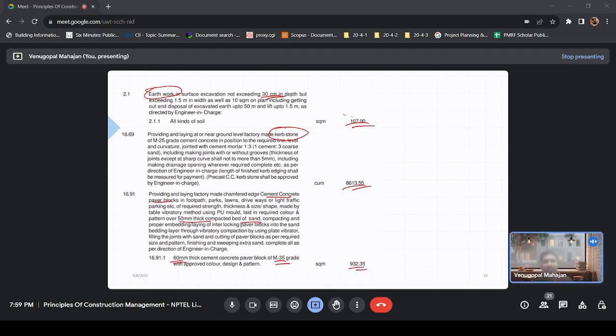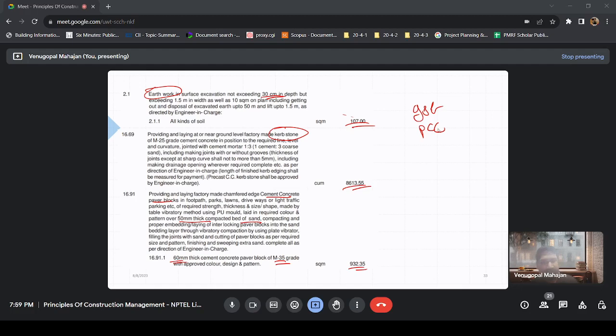You have got the rates. Right now, I haven't written the rate of GSB and PCC, right? But similarly, you can find out the rates of these items also, right?